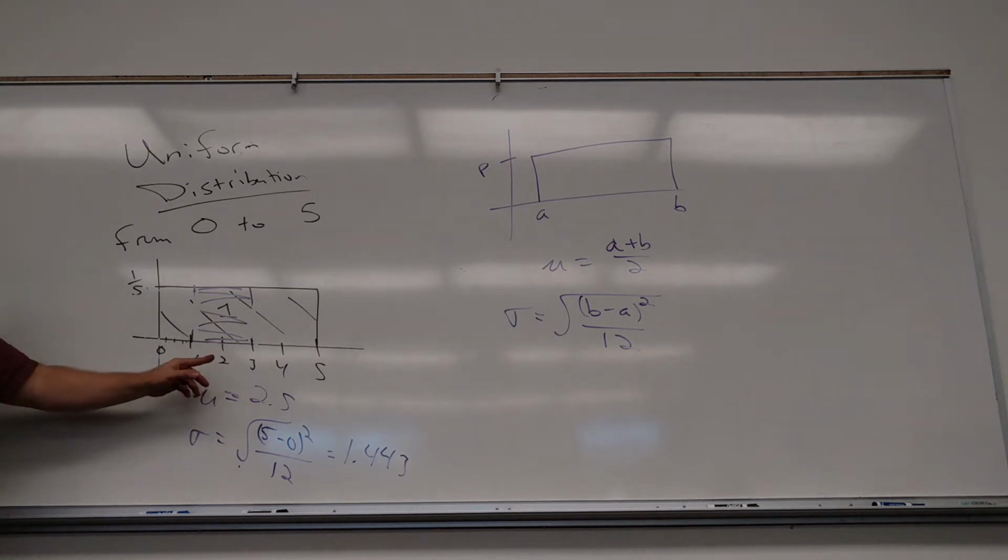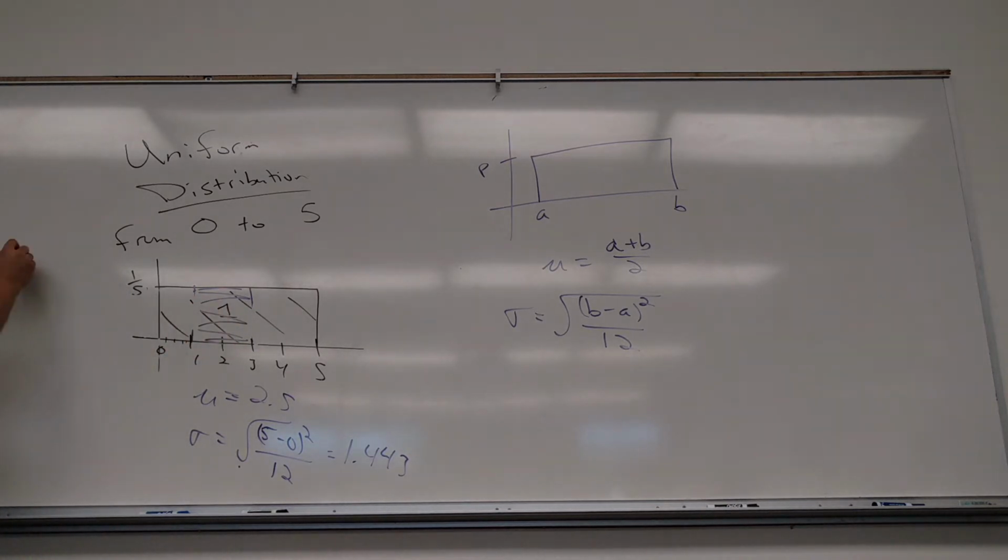Can somebody help me out? Would it be unusual to get 4.3? Is 4.3 unusual? How would you figure that out? I like it.